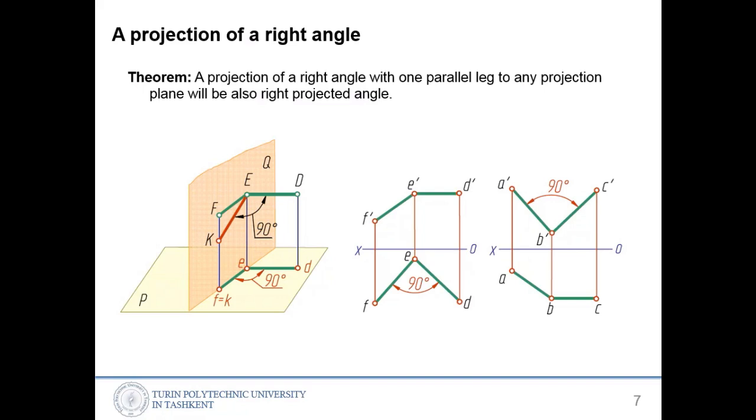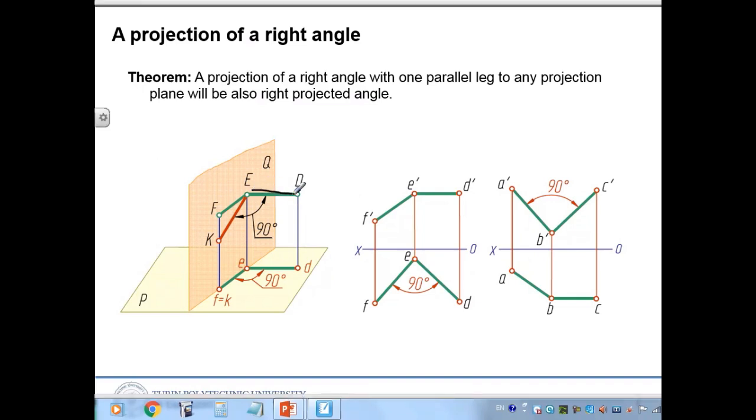If the right angle is given in the space, and if one leg, one side, is parallel to any projection plane, for example the P plane, okay, so it's parallel to the P, so that's why the angle of projection on that plane also will be a right angle.